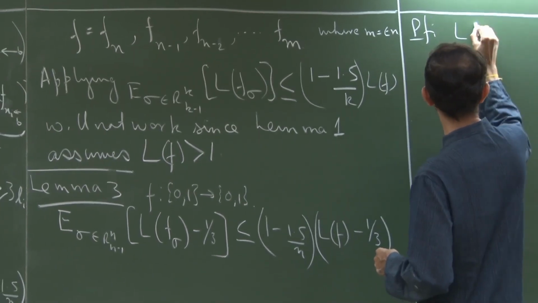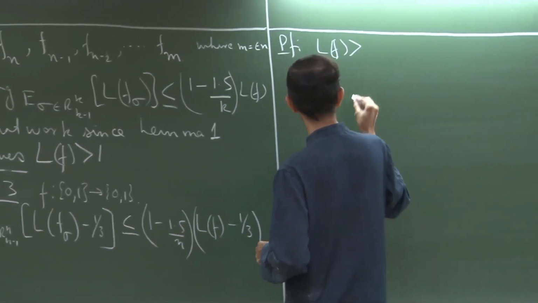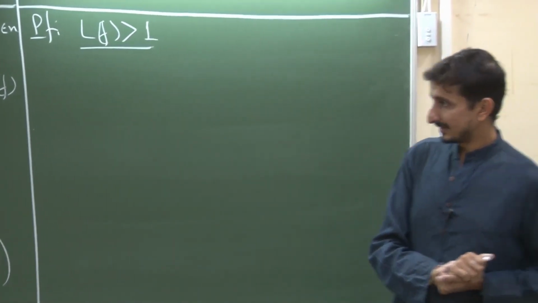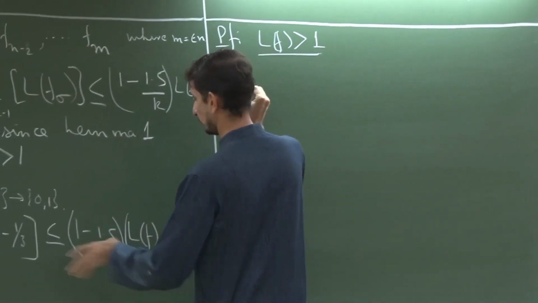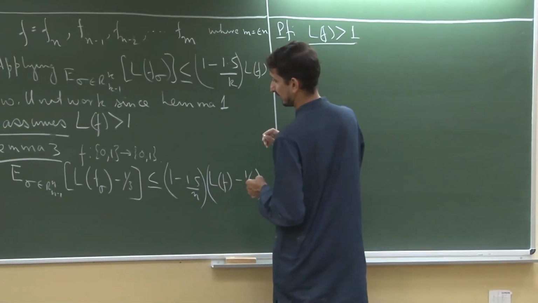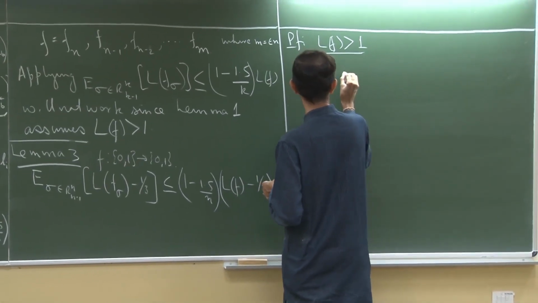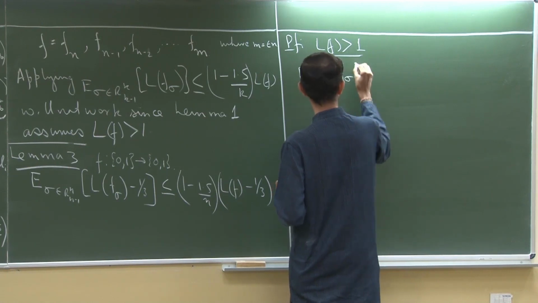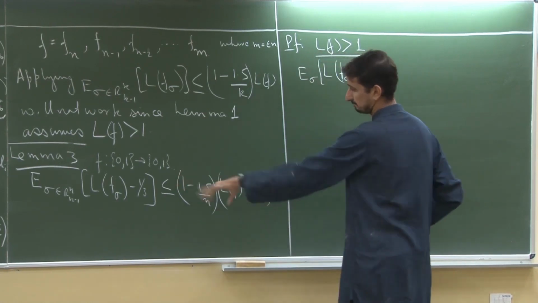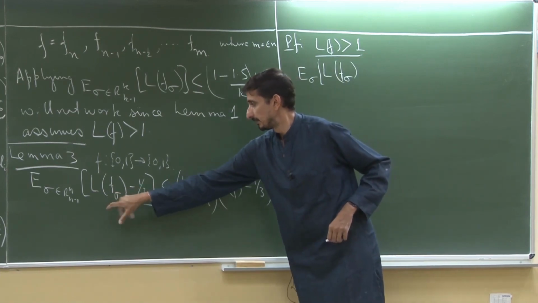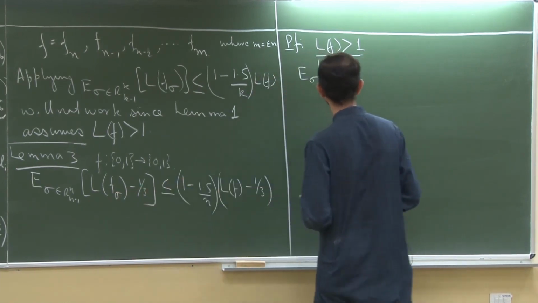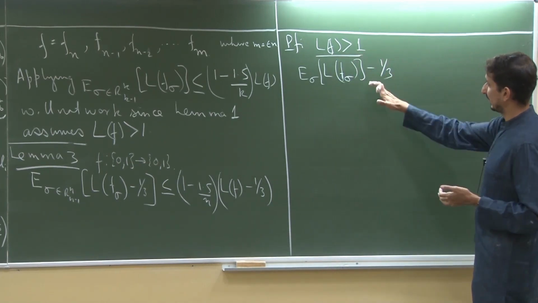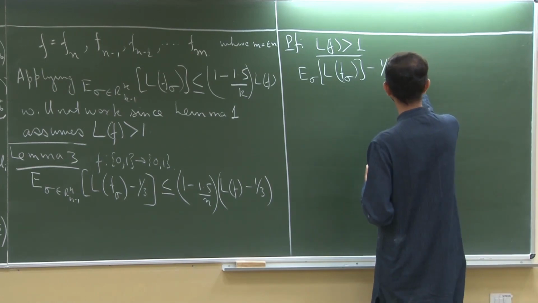Proof. So, if L of f is greater than 1, let us try to see what happens over here. The left hand side is the expected value of L of f sigma minus 1/3. Now, this is a difference of 2 quantities, so I can take the 1/3 outside the expectation.